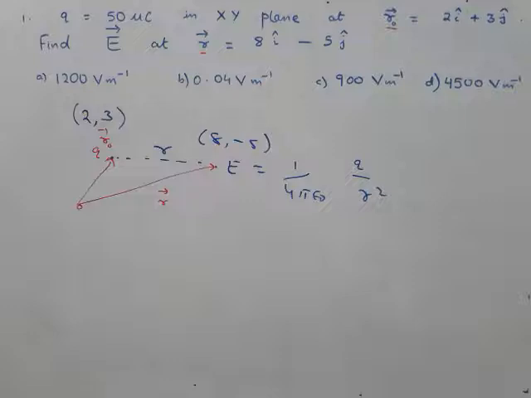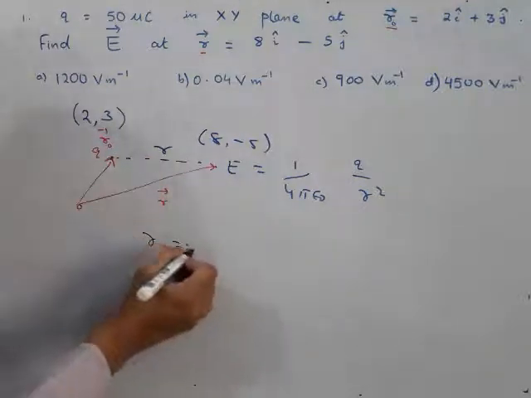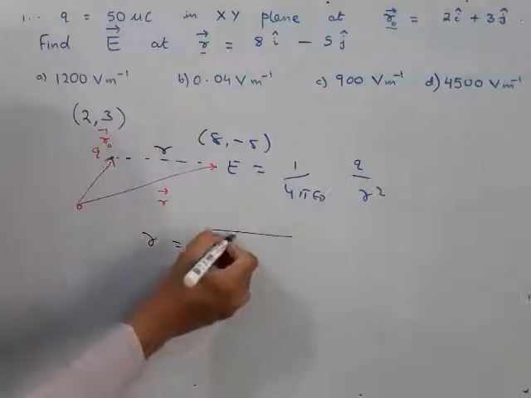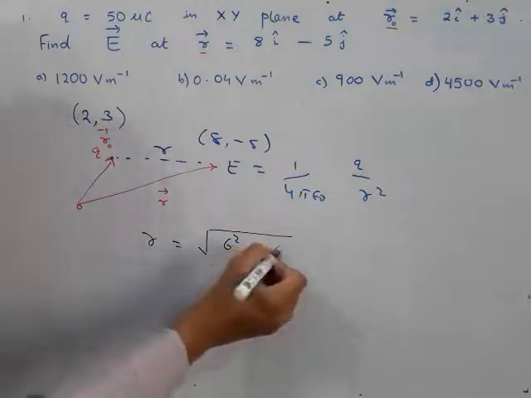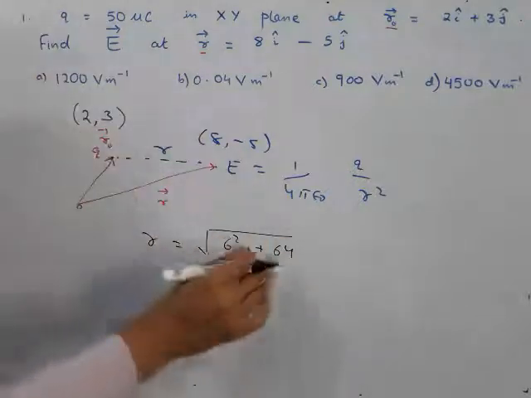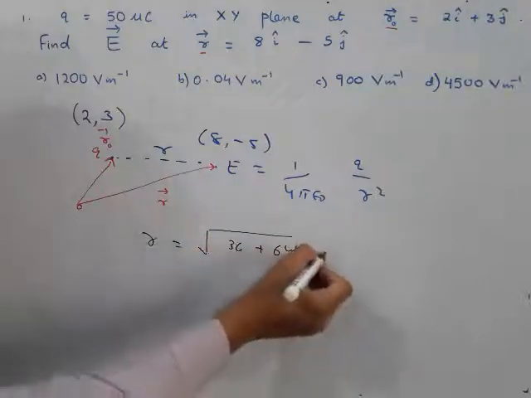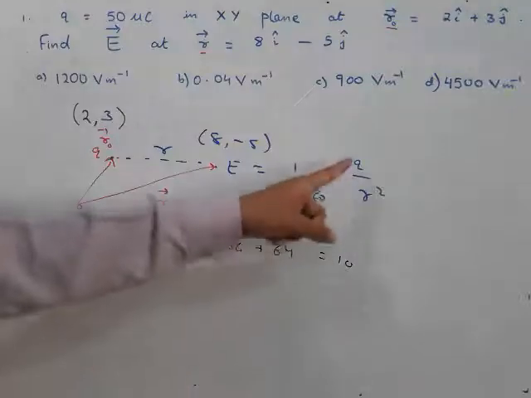So if we have these 2 points, the distance between these 2 points r will be given by the formula under root 8 minus 2, that is 6 square, plus minus 5 minus 3, that is minus 8 whole square, that is 64, and this becomes 36. So this becomes 10.